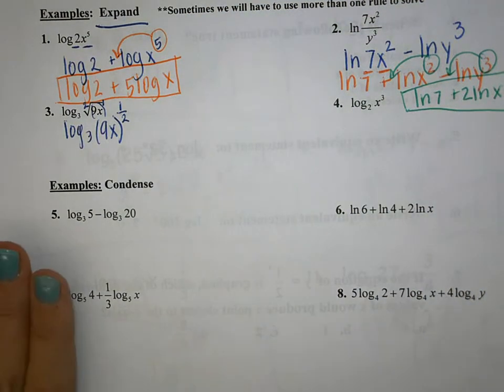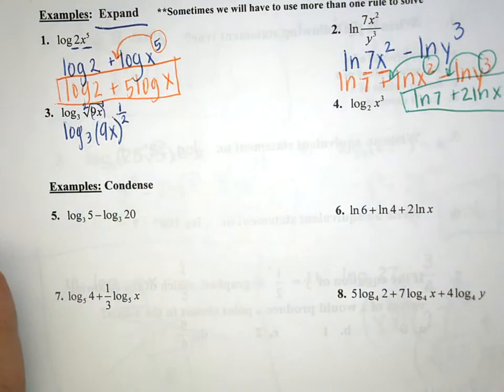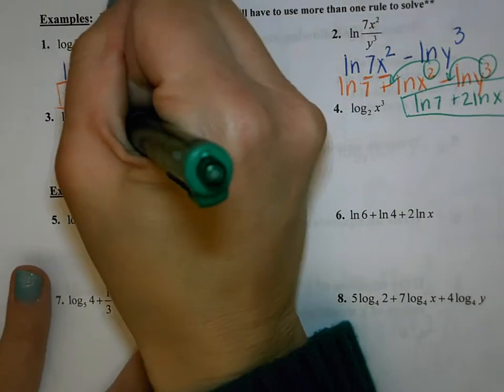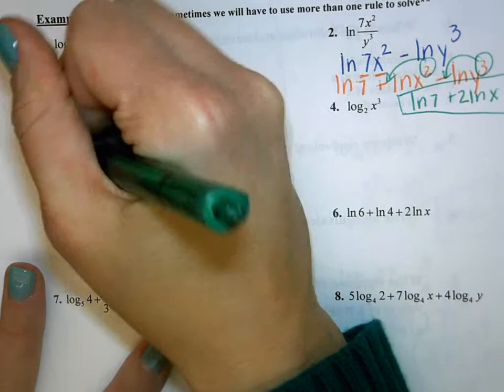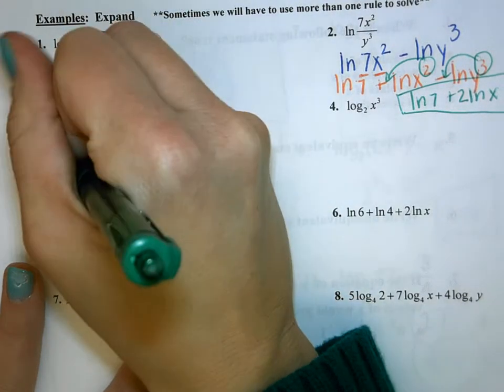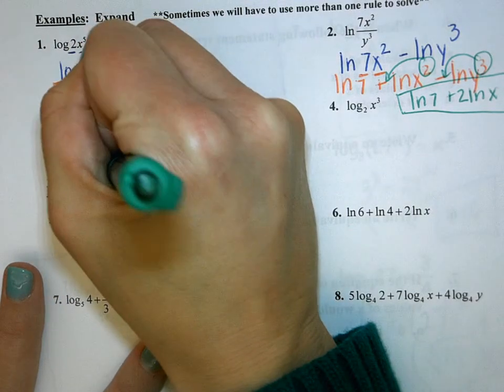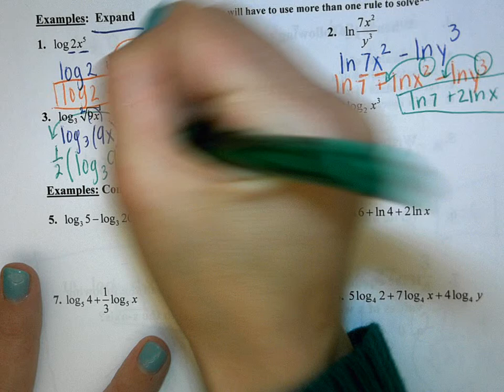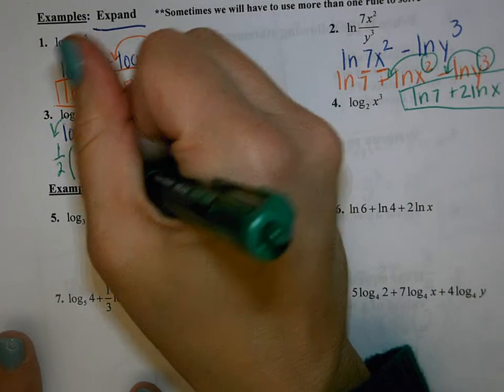Okay, so then this 1/2 is going to both the 9 and the x. So now what I'm going to do is bring that 1/2 in front, so it's 1/2, but this whole thing is the 1/2. So I'm going to put in parentheses log base 3 of 9x. Okay, so then now these are multiplying.